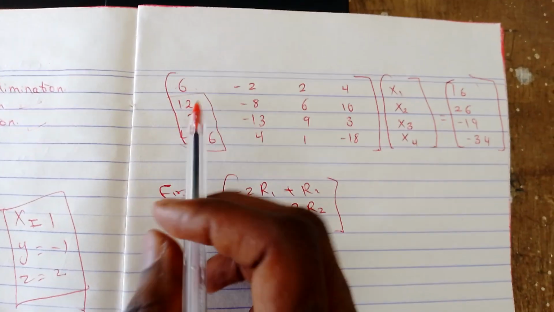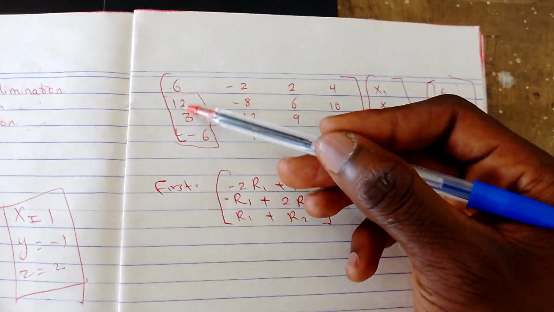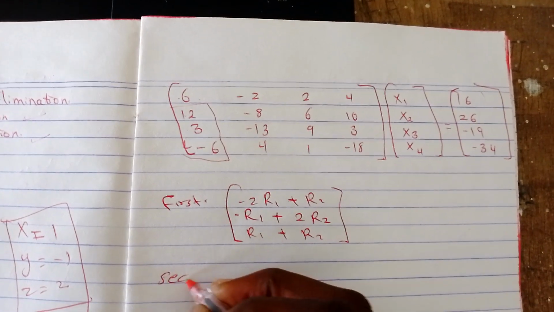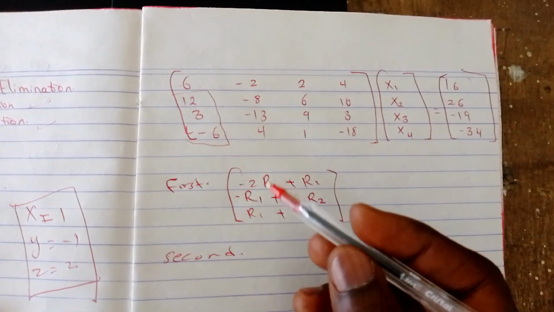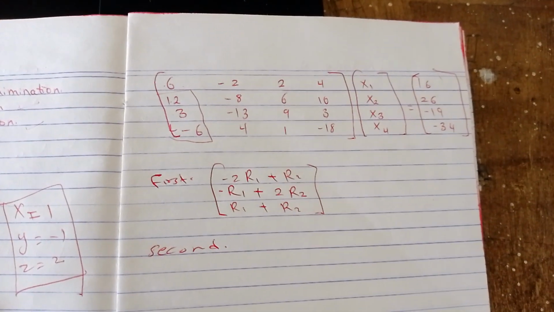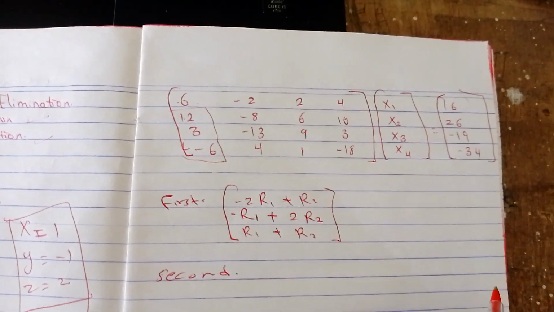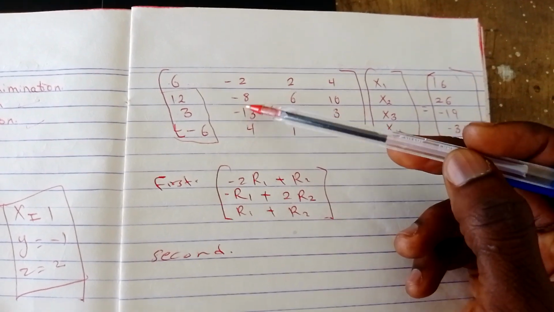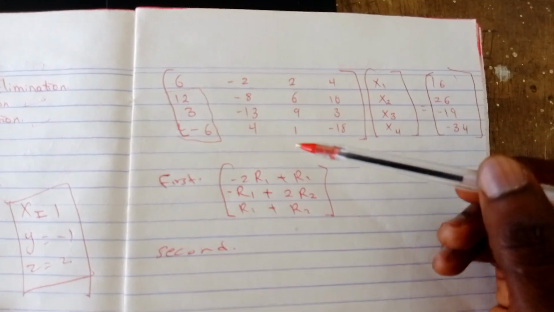Then you do this. When you do this, everything here will end up as 0. Then you do the second. These are just blueprints for you on how to continue. Now the second one will depend on the values you have inside here.